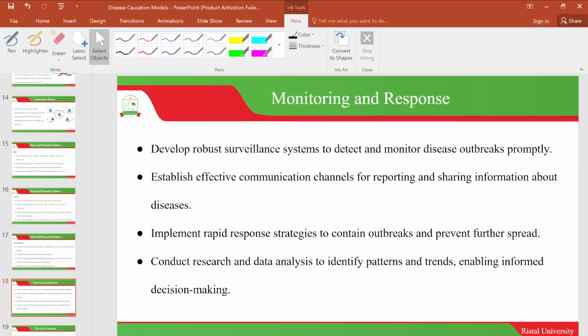And then if there are outbreaks, the response team has to run into action to make sure that interventions are put into place.